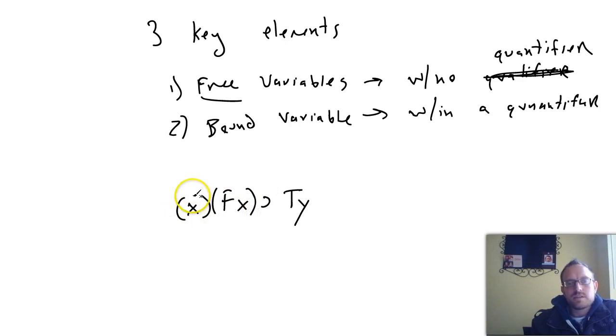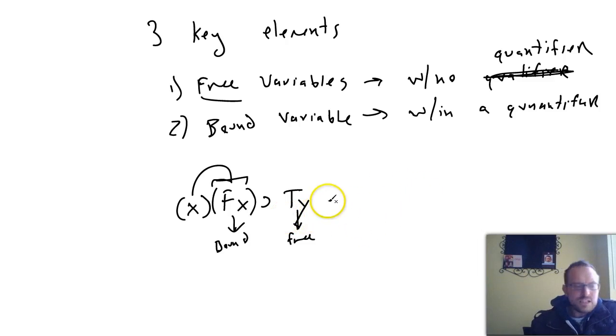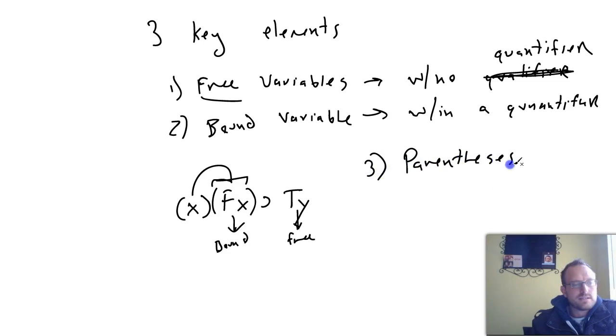But if there's no parentheses, the x will always only apply to whatever immediately follows it. So I didn't leave an x there because I wanted you to see that. So this over here is a bound variable, because it's bound to the universal quantifier. And this over here is a free variable. That's really the difference between bound and free variables. Now, the third thing to mention here is the parentheses. And I sort of jumped ahead, I guess.